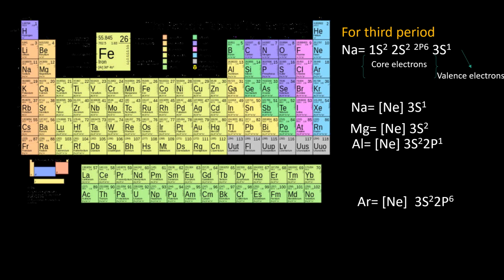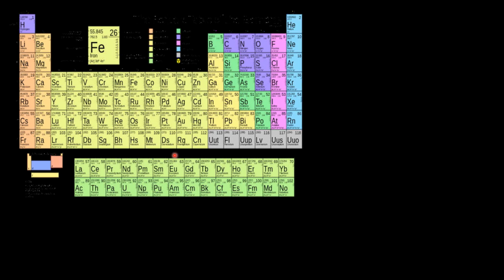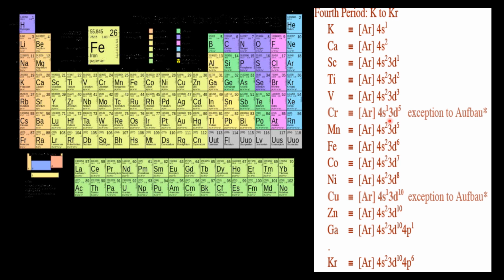The same thing applies to the fourth period. In the fourth period of the periodic table we start from potassium, K, and as we know the last element of the third period is argon. Argon has an electronic configuration ending with the 3p6 orbital.